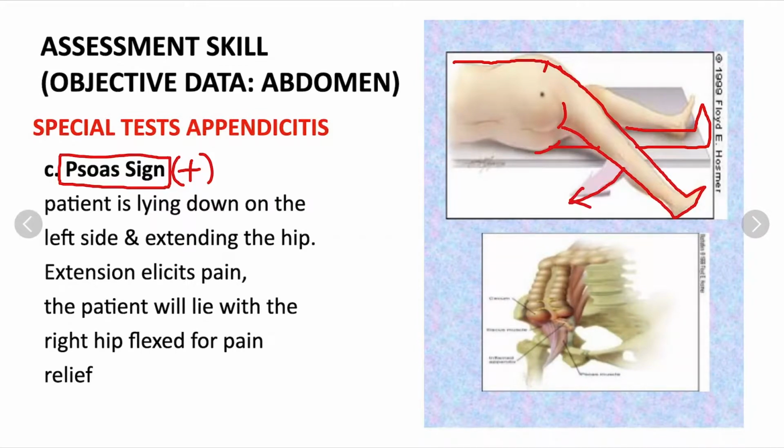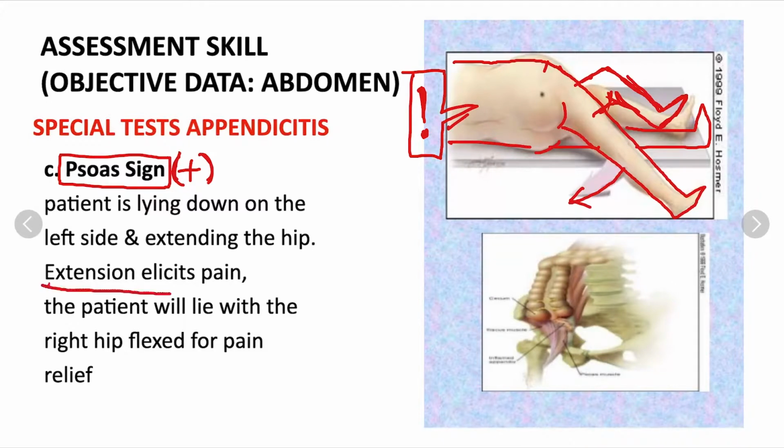Basically you're just moving the right leg of the patient towards yourself, and when you move it, the patient would experience pain in the right lower quadrant, and for compensation, the initially straight leg would flex to compensate for the pain that is felt. When the patient feels pain and the other leg bends just to compensate for the change in position, that's the time that you could say that he or she is positive for the Psoas sign.